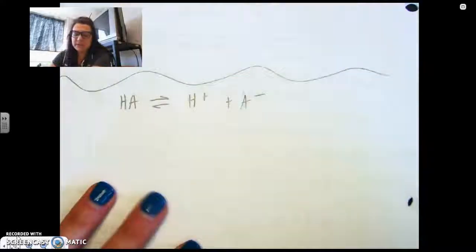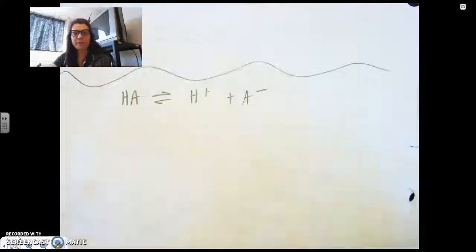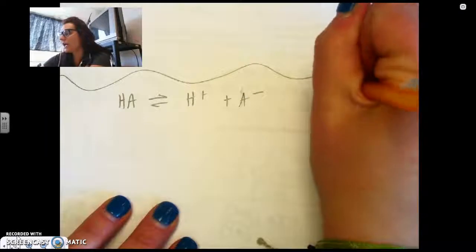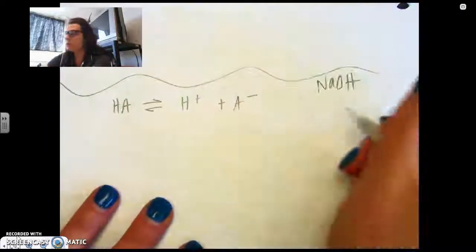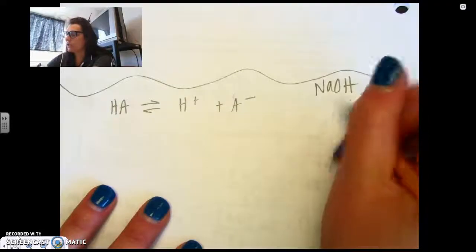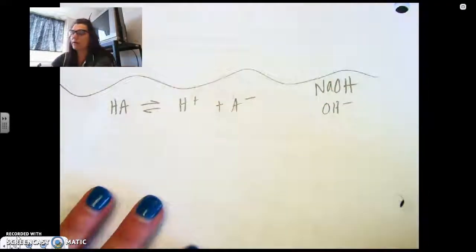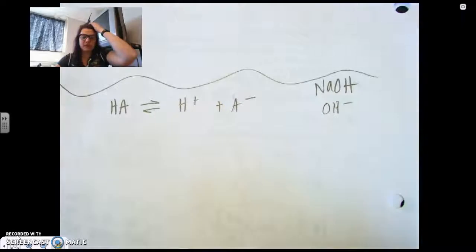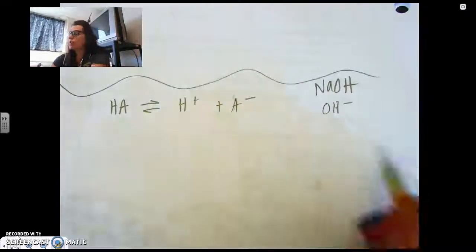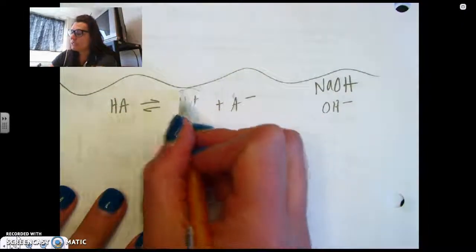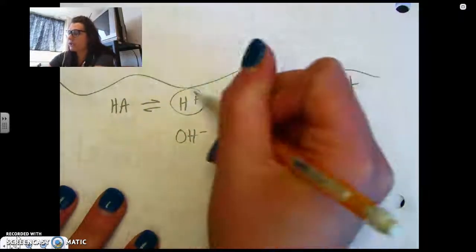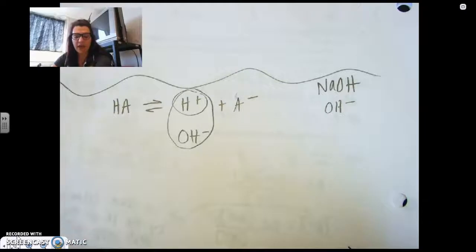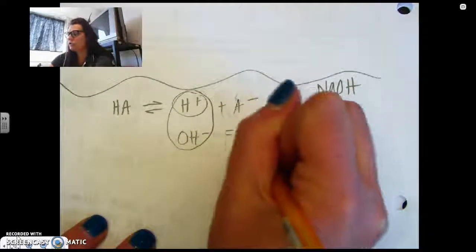What happens is, if I add a strong base, let's say that I add sodium hydroxide to this mixture. Ultimately, since it's a strong electrolyte, it'll just be the hydroxide that we care about. Sodium has no influence on the pH. Okay, so then this H plus will react with the OH minus, and then what do you make? Well, you make H2O.